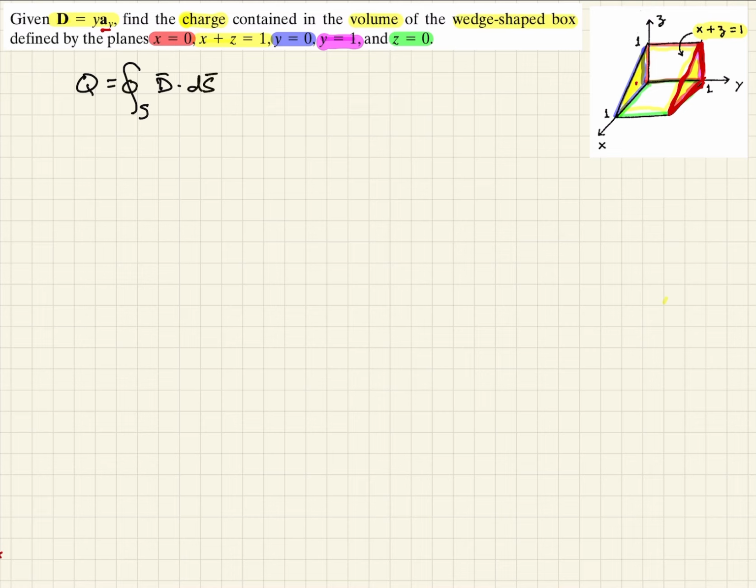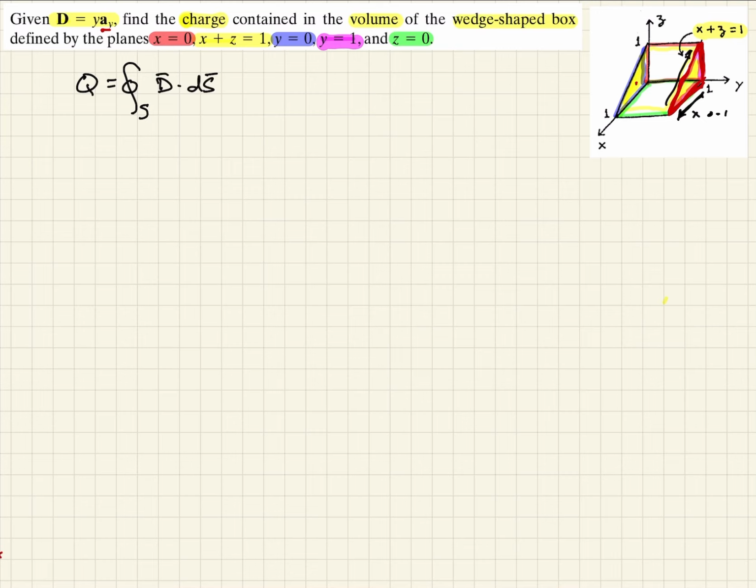It's over the entire surface. So again, we've determined that it's 0 for all of the sides except for that one side of this triangle. And so that triangle is defined by our x. So here's our x going from 0 to 1. And then it's defined by this dimension here, which is the x plus z plane.